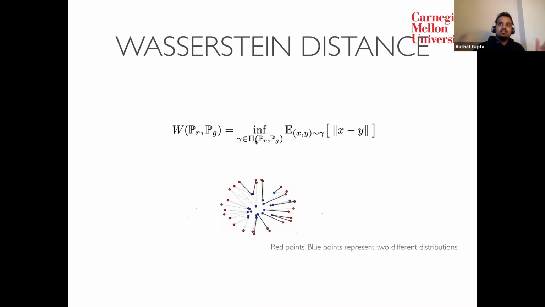We have lots of ways of transforming the red distribution to the blue distribution, formally called different transport plans, and we choose the value that's the minimum out of all the possible ways. That is what we call the Wasserstein distance. It's a true distance. It satisfies all the properties of distances: symmetry, triangle inequality, and all that good stuff.